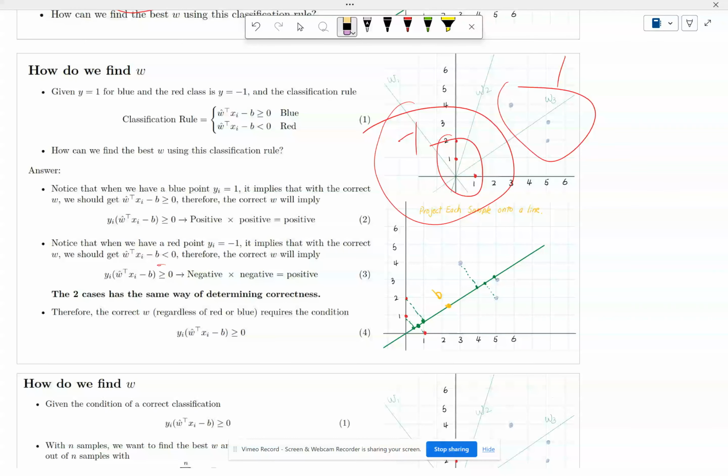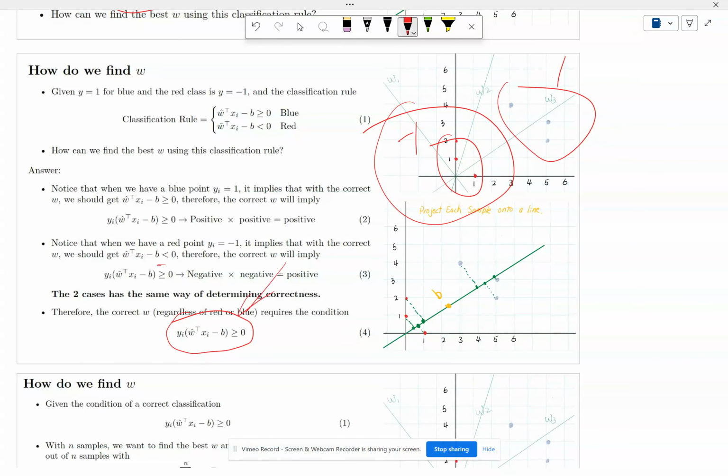Regardless of whether we're talking about red or blue, this equation, where you have x projected onto w minus b, whenever we multiply it by yi, the label, it should always be greater than 0. And if it's not, you made a mistake. So this is the part where you pause the video, because this is how we define correctness. If this is greater than 0, it means correct. If it's less than 0, which is negative, it means it's wrong.